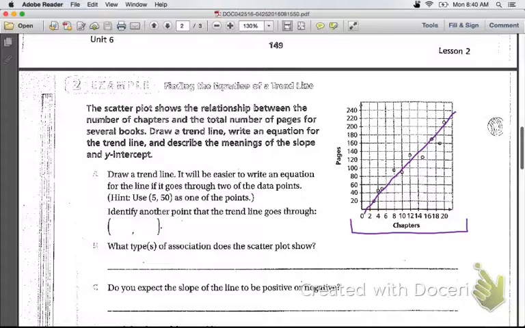So we have more reliability, I guess you would say, with the information and the prediction for the 14 chapters than we do for the 26 chapters. Now, there's no reason to believe that it won't follow the same pattern. However, because we don't have it graphed, we don't have a visual on it, we would say that the interpolation is more accurate than the extrapolation.